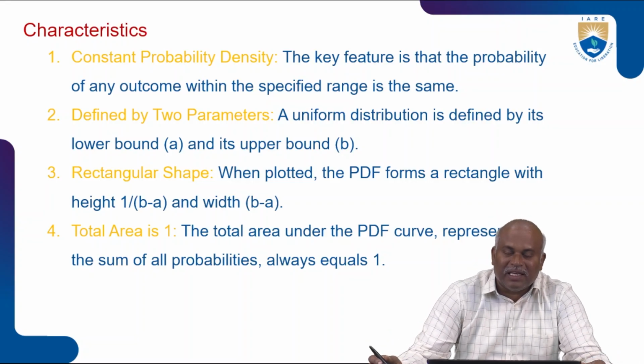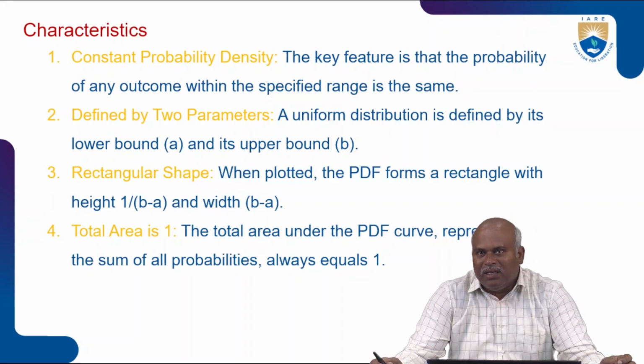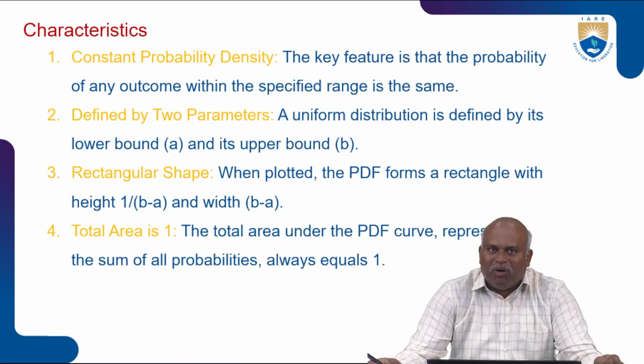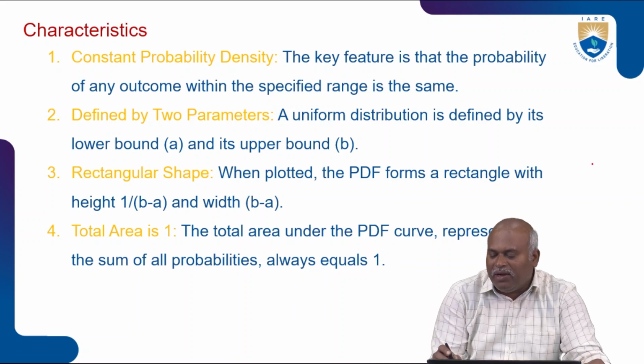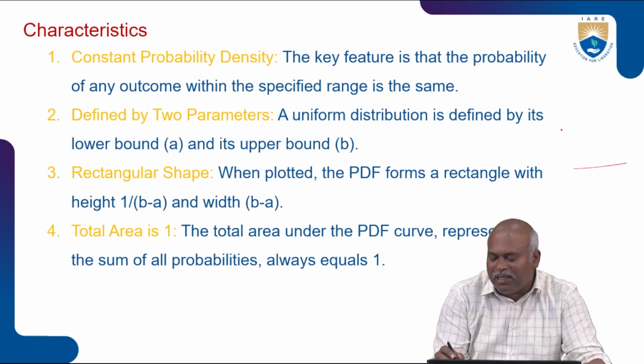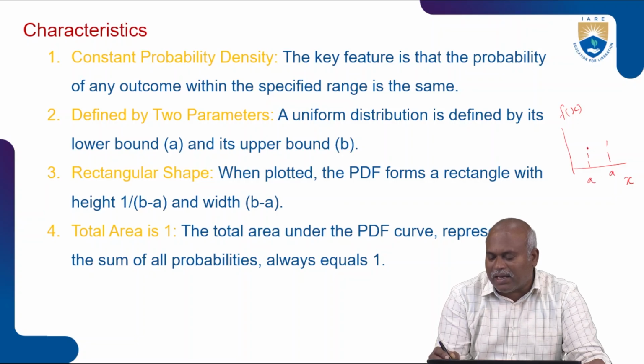The first characteristic is a constant probability density function. The feature is that the probability of any outcome within the specific range is the same. So in the graphical representation of the uniform distribution, with x and f(x), the probability density function is going to occur between the minimum value as well as the maximum value.